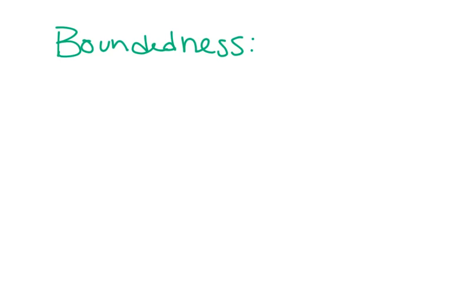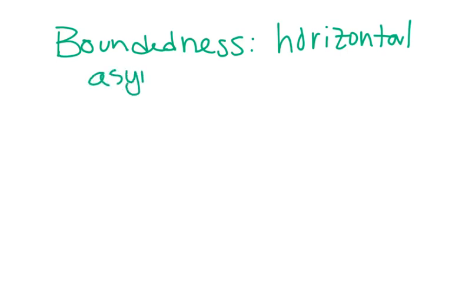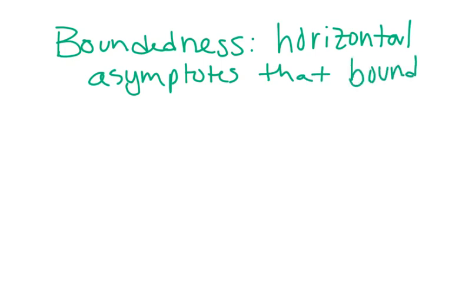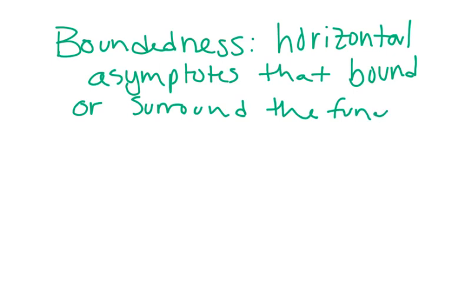All right, the next thing that you're going to be asked about is something called boundedness. And boundedness just means that there are these horizontal lines that represent the maximum or minimum. So we're looking for the horizontal kind of asymptotes that bound or surround the function or equation.